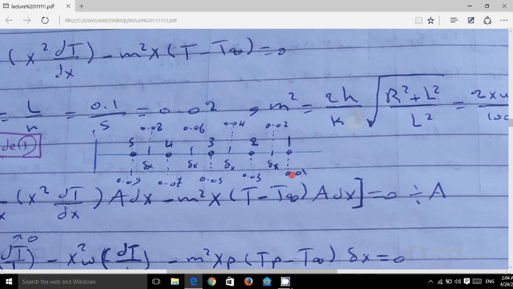By adding delta x to 0.01, I got the x point of node 2. And to get the value of node 3, I add 0.02 to the x point of node 2, and I got 0.05. The same way for node 4 and node 5.